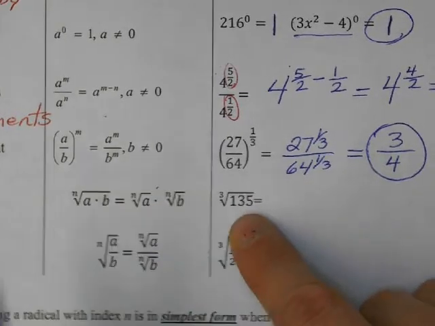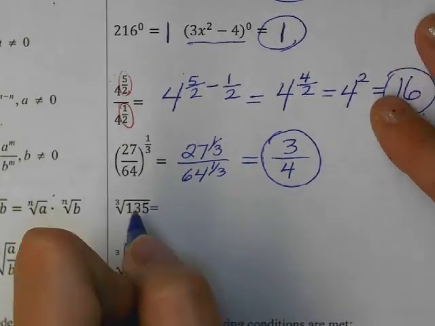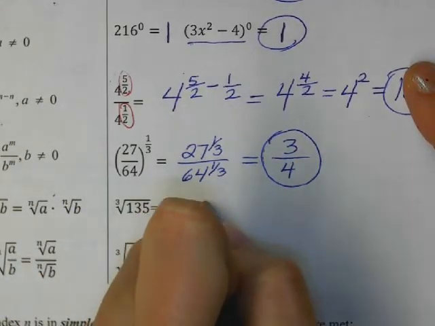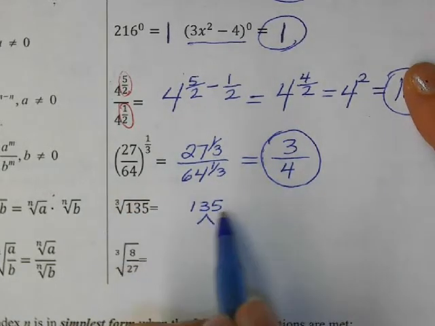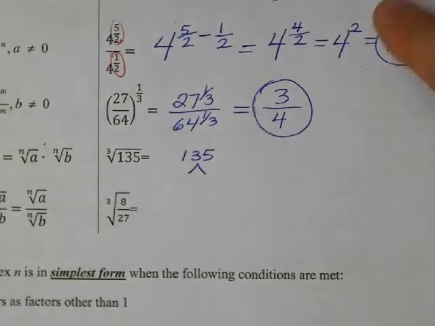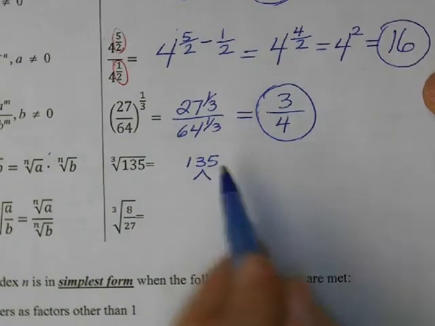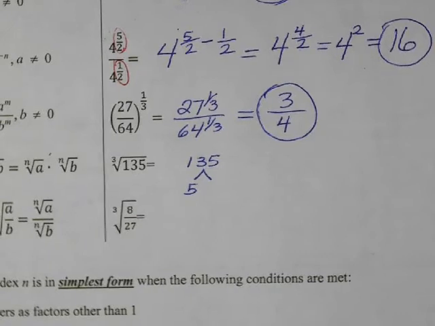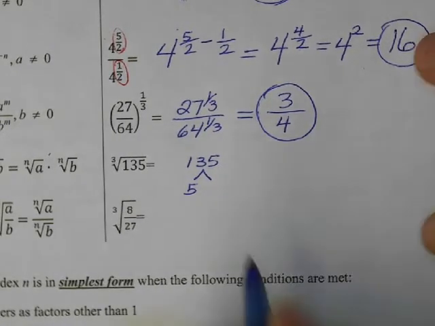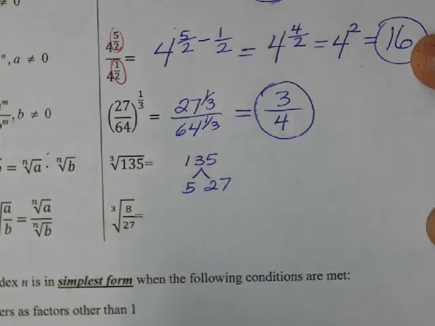And if this says cubed root of 135, you have to take this 135 and think what goes into it. What numbers go into 135? Yeah, it ends in a 5, so that's an easy choice. 135 divided by 5, that'd be 27.